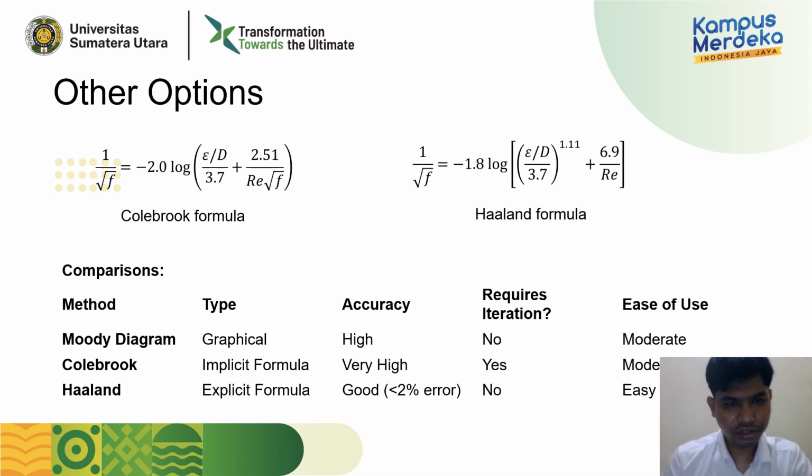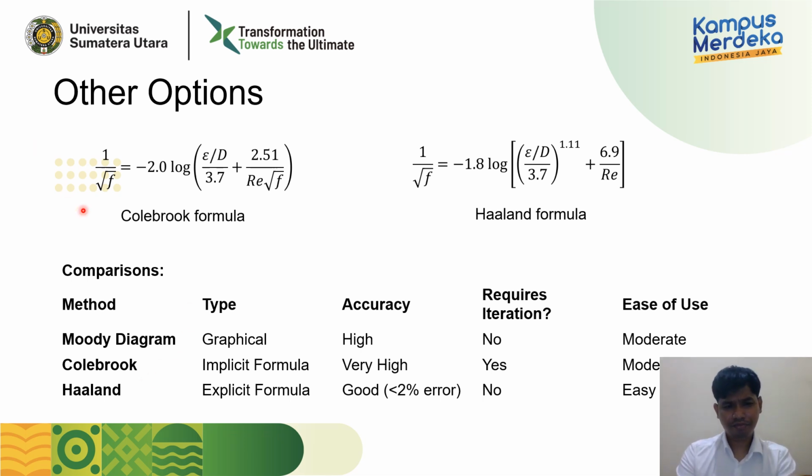Other options to calculate the friction factor are the Colebrook formula and also the Haaland formula. Okay, what's the difference between these three? First, if you talk about the type, the Moody diagram is graphical, like what I have explained before. Colebrook is an implicit formula. Why is it implicit?